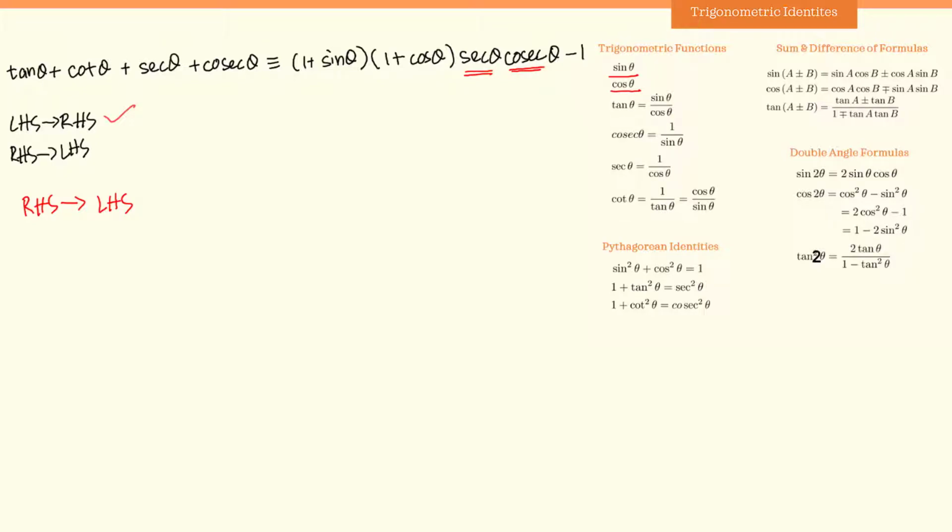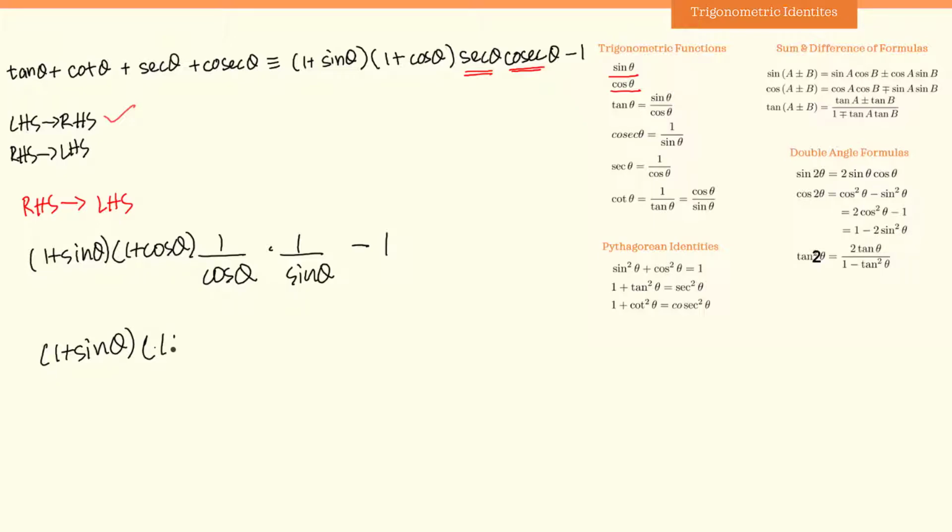So if I do this, my right hand side would become (1 plus sine of theta) times (1 plus cosine of theta) times 1 upon cosine of theta, because sec theta means 1 upon cosine theta, times 1 upon sine theta, minus 1. This I can write as (1 plus sine theta) times (1 plus cosine theta) divided by cosine theta sine theta, minus 1.